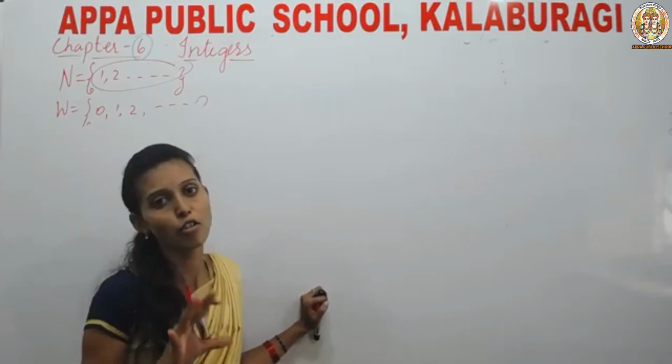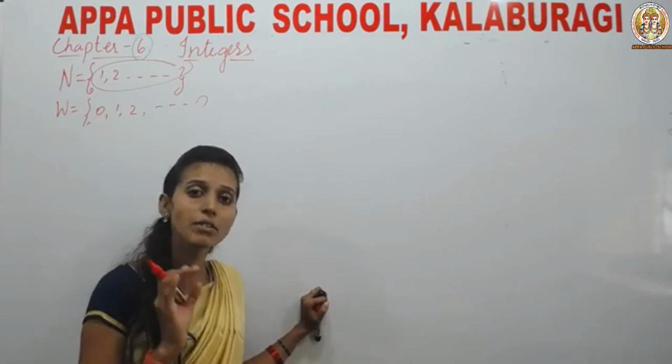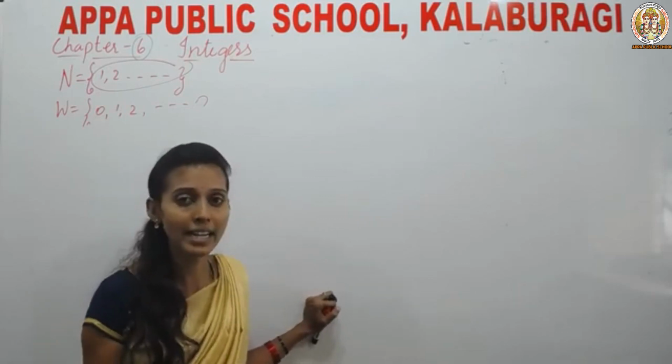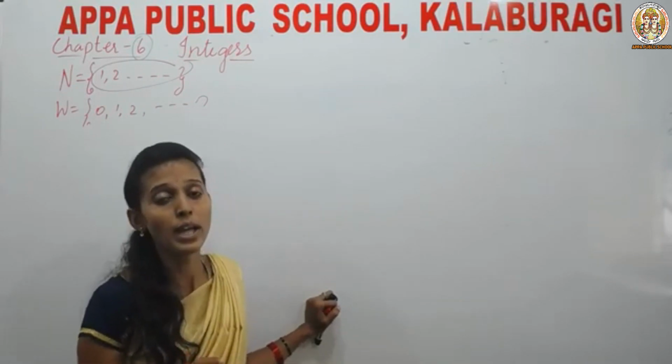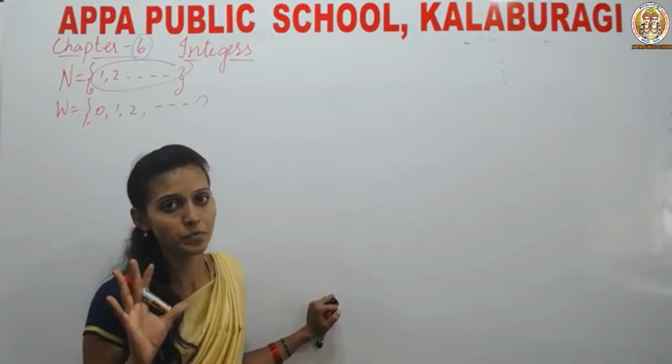There is one more set of numbers, not only positive but negative integers also. While adding, subtracting, multiplying and dividing, we have some rules to follow. We should concentrate on what those rules are.